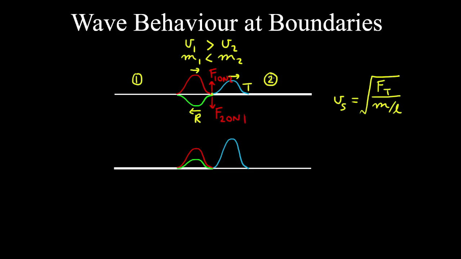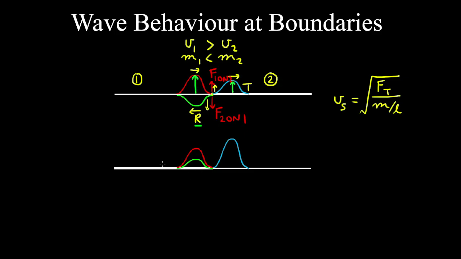Now because string 2 is heavier than string 1, so it has a higher inertial resistance, it's going to accelerate upwards by a small amount at the boundary compared to string 1. So consequently, the reflected wave is going to be flipped upside down when it moves back through string 1. And the transmitted wave is going to have a smaller amplitude compared to the incident wave.